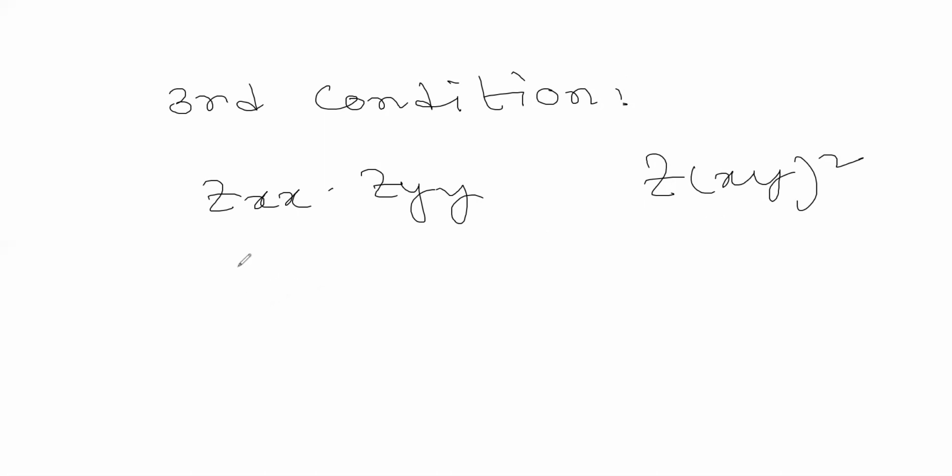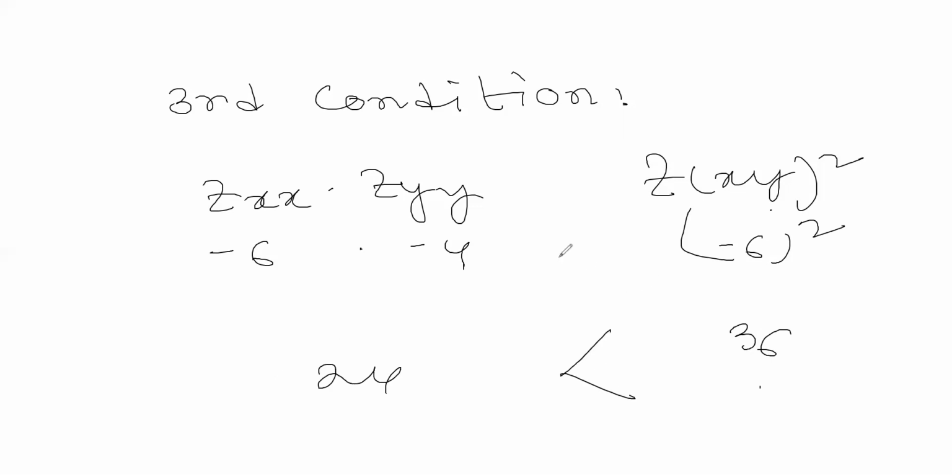So we have got a minus 6 here, we have got a minus 4 here, and we have got a minus 6. So we take a square of this, and that's how we get a positive 36 over here. And here we get a positive 24. But the thing is, 36 is greater than 24. So that's how the sign goes on.